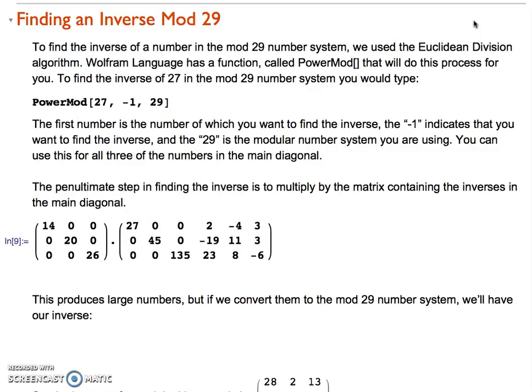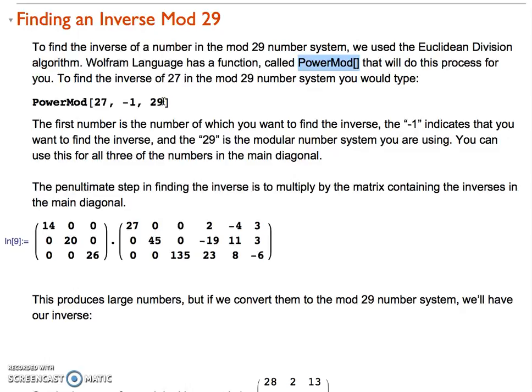So there's a nice little function in Mathematica called PowerMod that does this for you, and all you have to do is tell it the number you want to find the inverse of and the number system that you are working in.